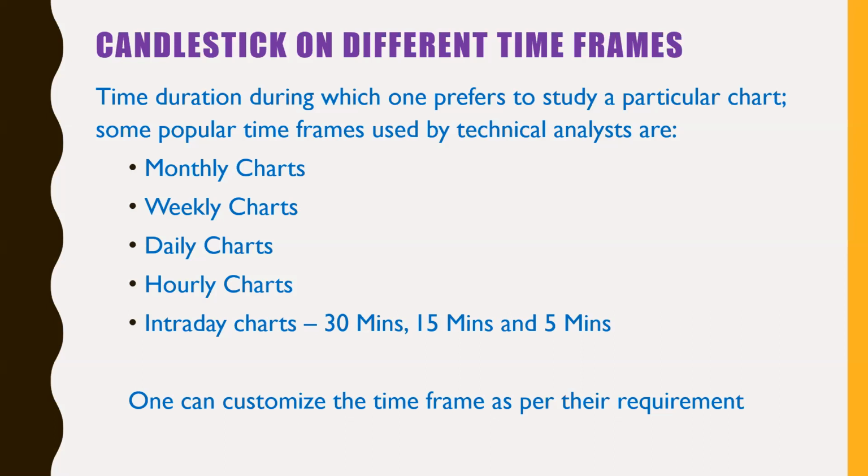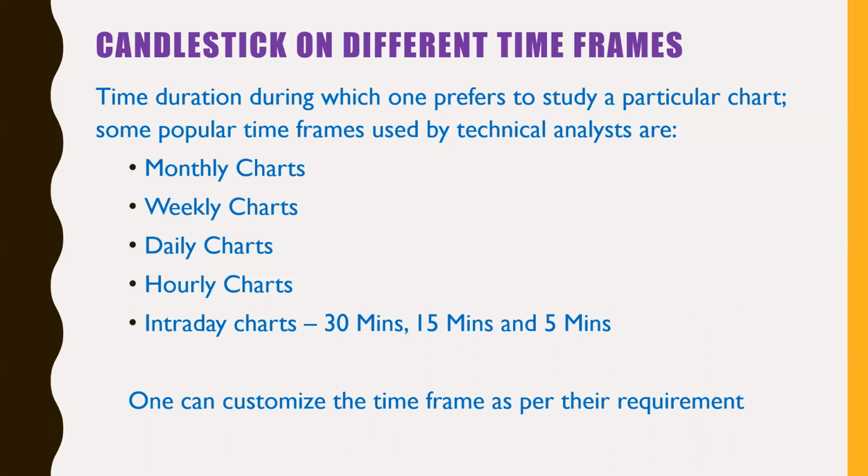If some are swing traders who want to invest on a basis of 2-3 months, then they will see the weekly charts. And for daily charts, some want to trade intraday, so they will see the daily charts as well as hourly charts.